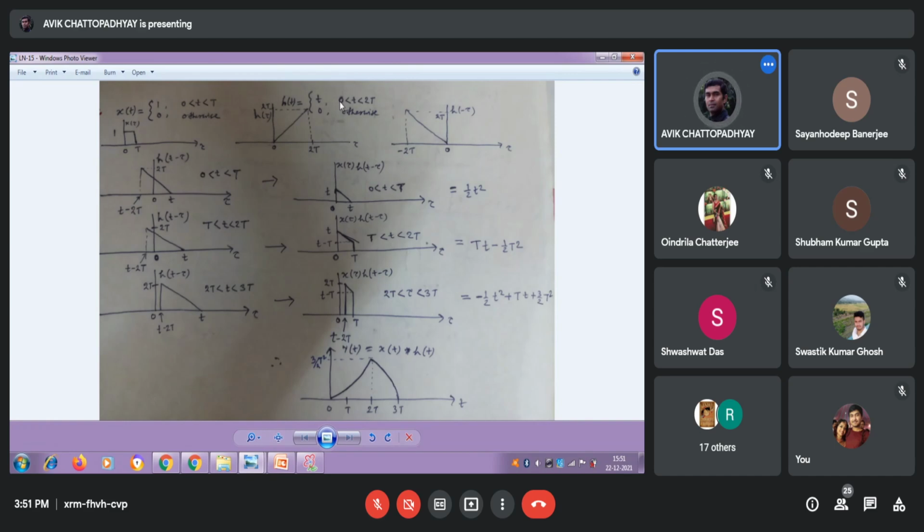With respect to that, you can compare how it behaves when the width is smaller and when the width is larger. So it's basically the impact of variation of the width of one of the signals on the overall nature of your convolved signal. You will get it from the one example followed by these two problems I have just given. Okay, got it?